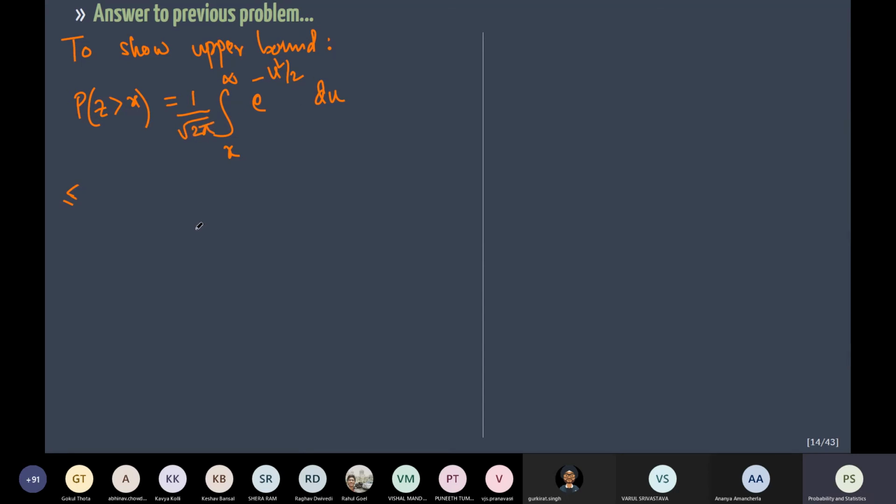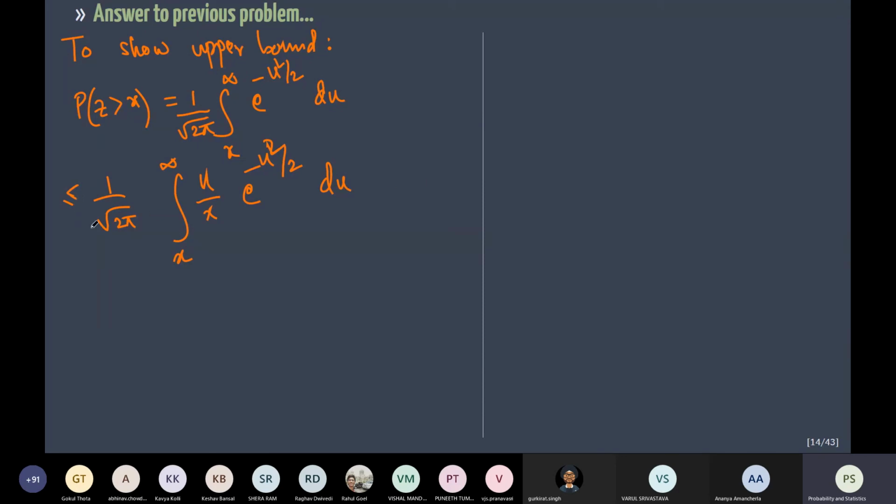So this is 1 by square root of 2 pi, and the trick that I'm going to use is: integrate from x to infinity, and then what I will do is u over x. Okay, this will look very funny for the moment, but let us do this: e to the minus u square by 2 du. Okay, and what I am claiming is also less than or equal to.